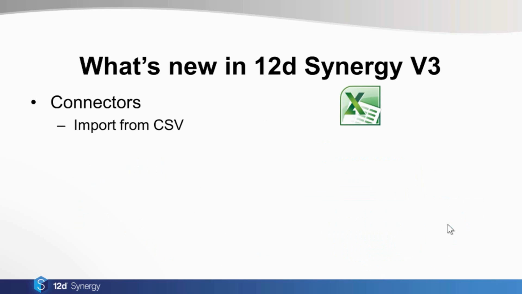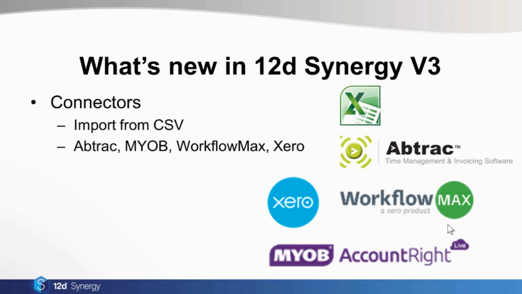Now, other features: connectors, ways to bring in and export data from 12D Synergy. First of all, there's an import from CSV, so now you can bring all your contact information in really quickly. And we've also integrated with a lot of the financial packages. The idea here is that jobs are created in these financial packages.